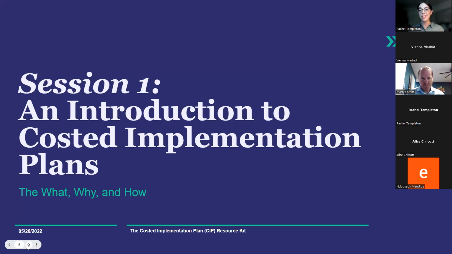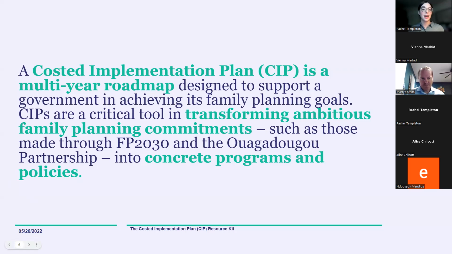So to begin with, what is a costed implementation plan, or a CIP? A CIP is a multi-year roadmap designed to support a government in achieving its family planning goals.